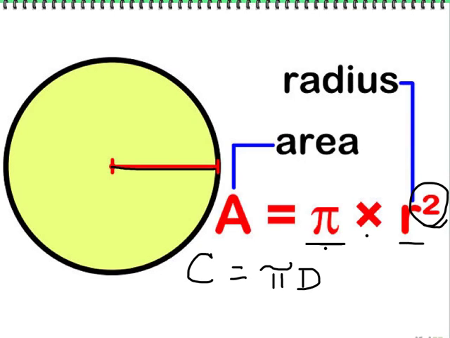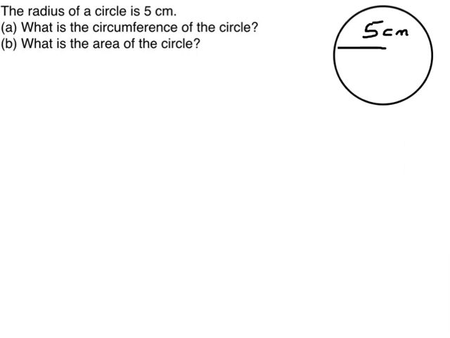Now some people want to take this radius, and where you're supposed to square it, they want to say times 2. If you do that, you're going to get circumference, because radius times 2 is the same as the diameter. And if you multiply that times pi, you're going to get the circumference of the circle, not the area. So make sure that you square that radius when you're looking for area.